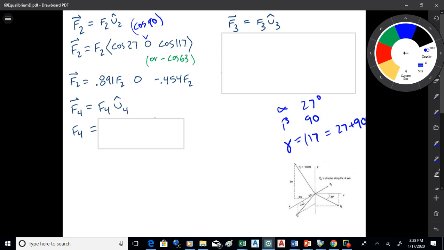So how about doing F3 next? It's similar to this one in the approach anyway.